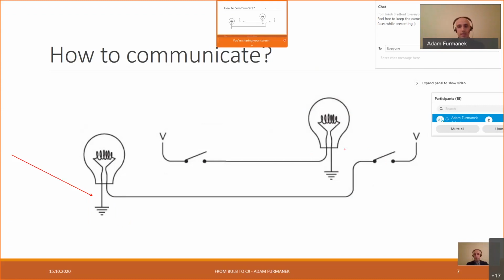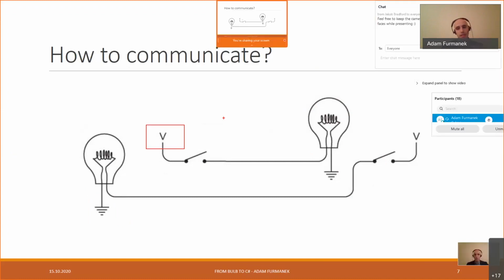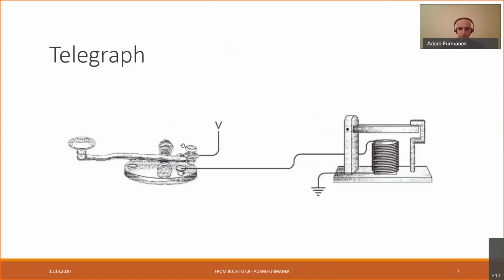This is where the name comes from, but we won't be getting into these details. Just keep in mind that from now on, whenever we have letter V, it is basically a battery giving us some power which we can use to emit light from any of the bulbs we have here.